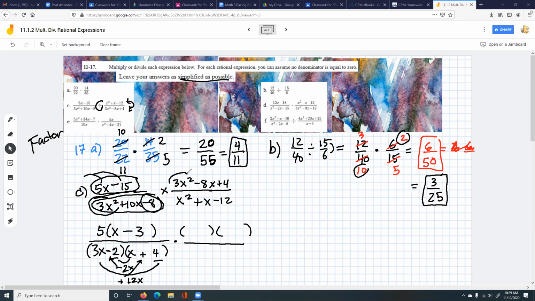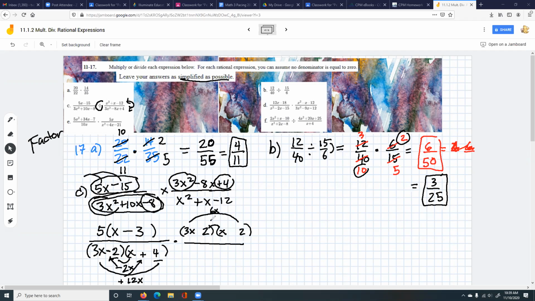Okay, so I'm going to factor the 3x squared. This is factoring 101 right here. 3x times x. I split the 3x to 3x times x. The 4, I can do 4 and 1, or I can do 2 and 2. And I think it's going to be 2 and 2. I did that in my head because I knew this was going to be a 6x when I multiply those two.